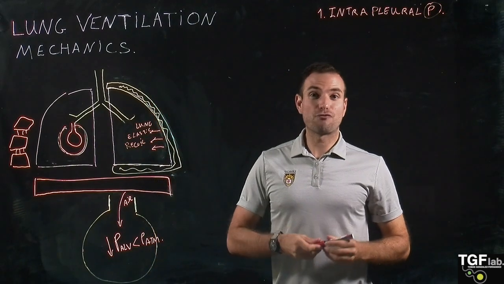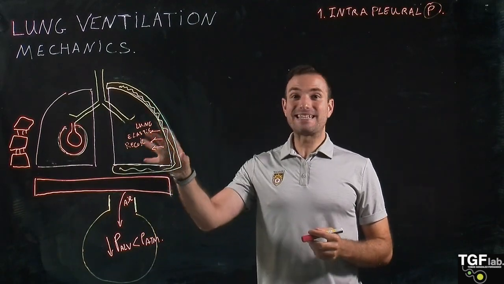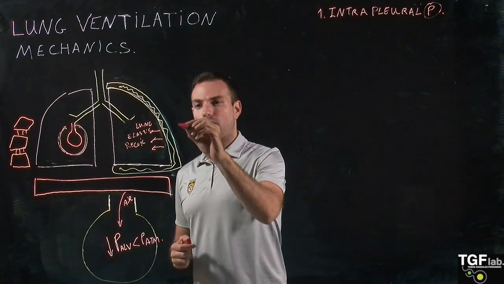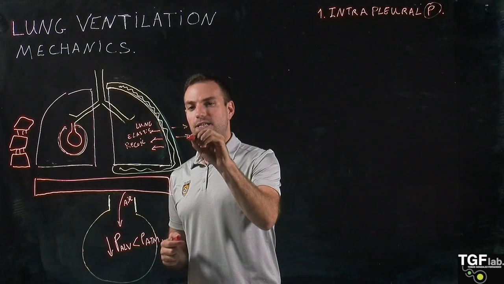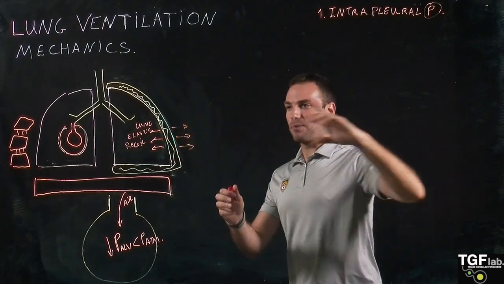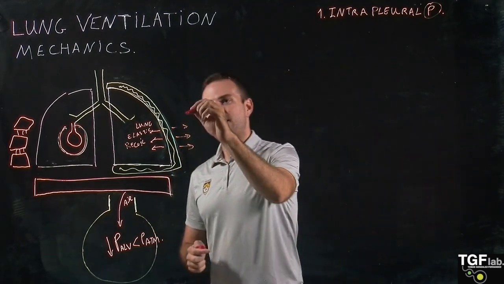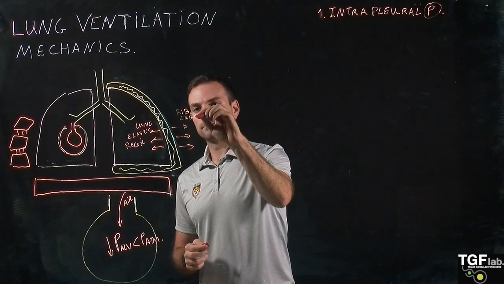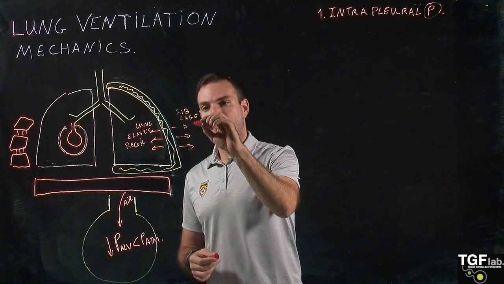The lung elastic recoil is the intrinsic tendency of the lungs to collapse and close down. Then we have another opposing force, which takes the pleura in this direction, which is the rib cage or thorax elastic recoil.